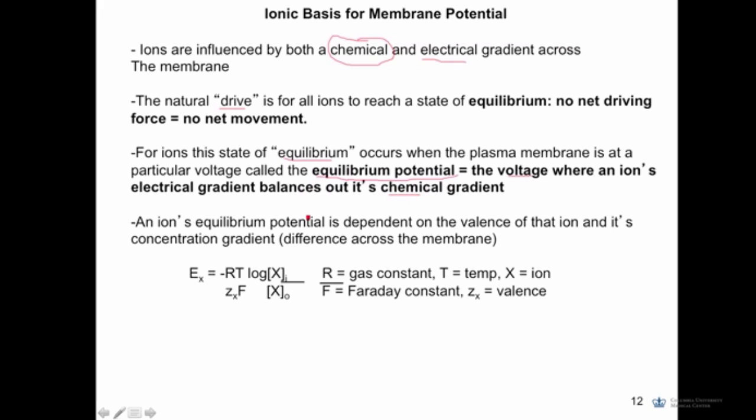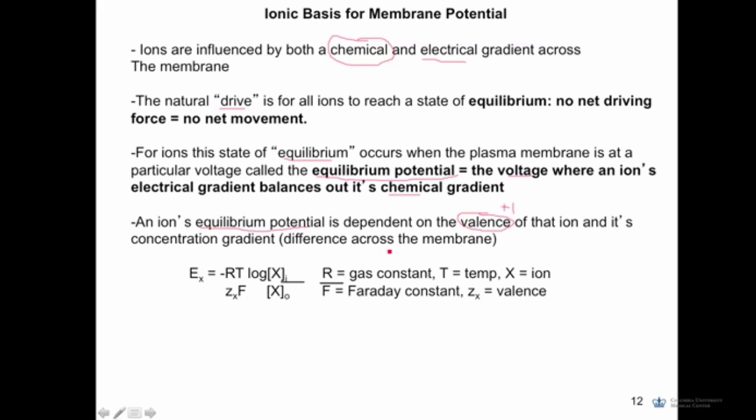Now, the equilibrium potential is going to be dependent on the valence of the ion, and valence simply means the magnitude of the charge. So for sodium, the valence is +1, right? For calcium, the valence is +2. For chloride, the valence is -1. So it's the actual number of charge.